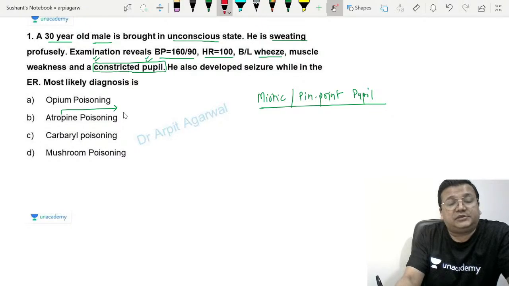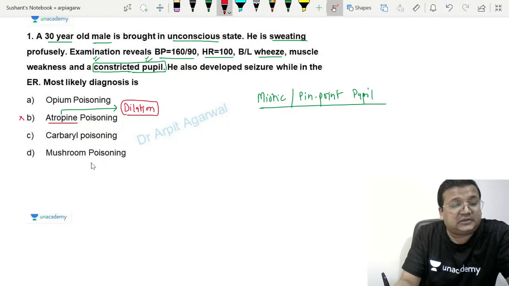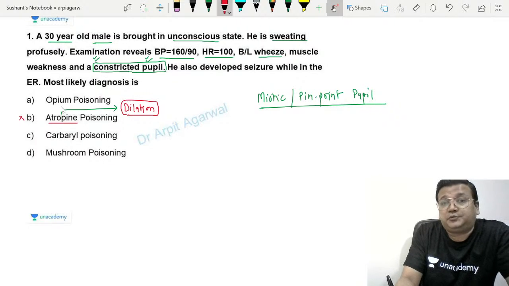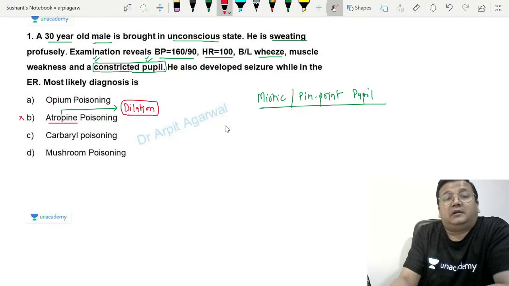In atropine poisoning, we have mydriasis, or dilation of pupil. Dilation of pupil occurs in anticholinergic atropine poisoning. So this is not the answer. Nivita says A, opium. Opium, Nivita, is a good option which the examiner has given. So miotic pupil, let's see.